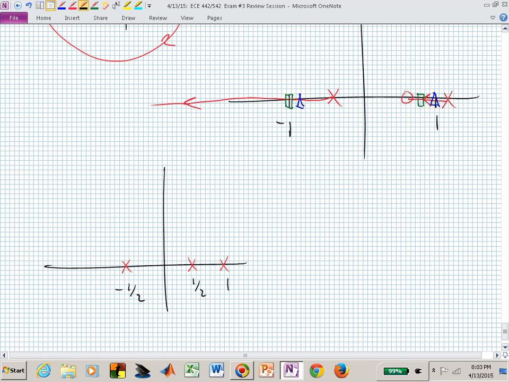Now I'm getting ahead of the game, maybe, versus what we've talked about so far. But, you know, we're playing now. What's the pole zero excess? 3. Haven't seen one of these, have we?